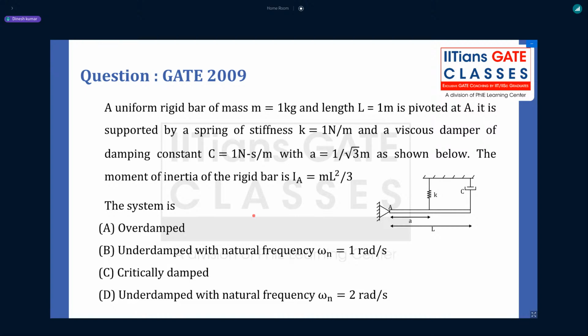They write zeta as what? C by Cc. If you write zeta as C by Cc, Mr. Ravi, what is the answer? It is C by 2 under root K by M. What is the C? It is 1, 2. What is the K? It is 1. What is the M? 1. So what is the answer?